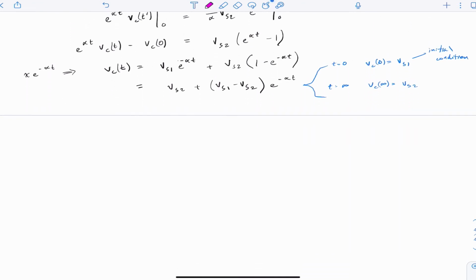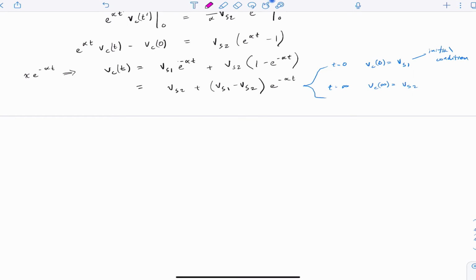And we've done this in a very general way. We don't know whether Vs1 at this point is bigger than Vs2 or Vs2 is bigger than Vs1. So you could have a condition where, say, Vs1 is 0 and Vs2 is positive or negative, in which case you're charging the capacitor. So let's just sketch that.